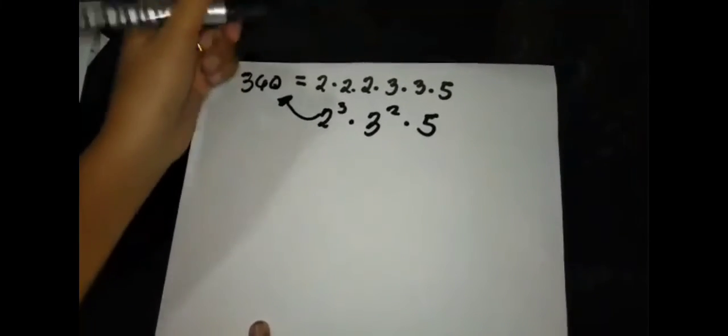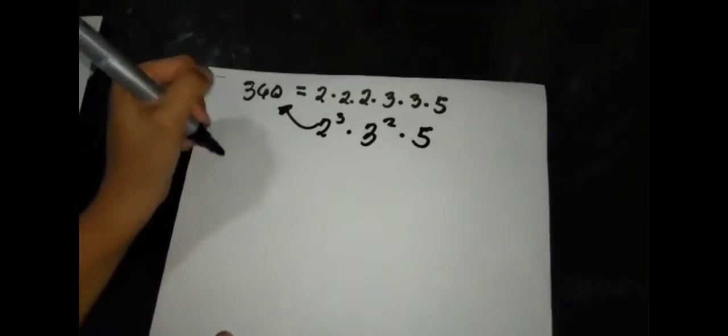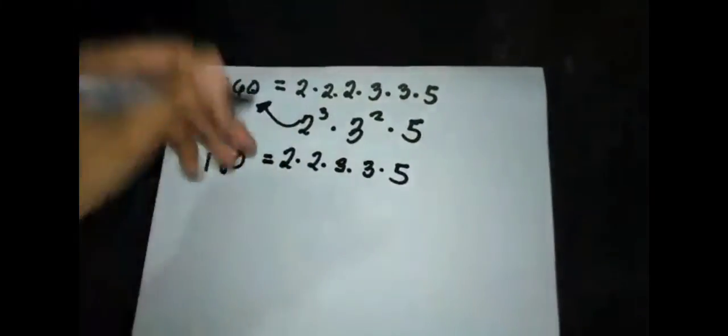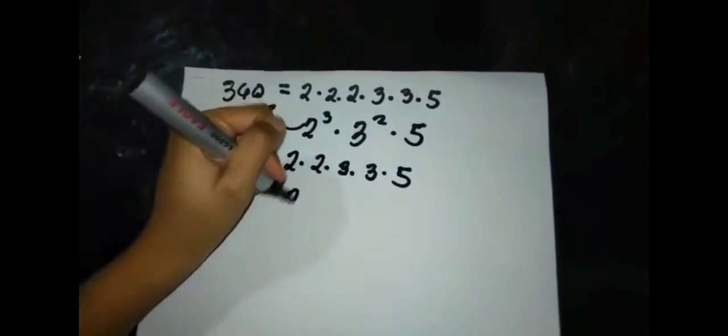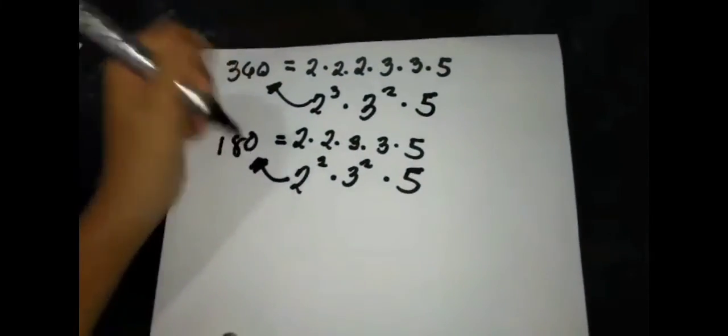Another example is 180. So 180 has prime factors of 2 times 2 times 3 times 3 times 5. The same process gives 2 squared times 3 squared times 5. So we will get 180.